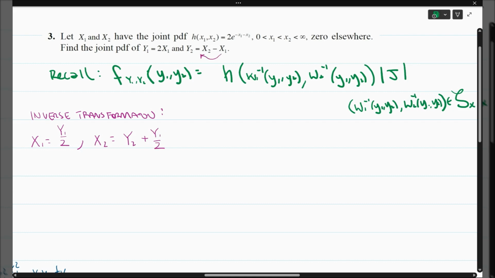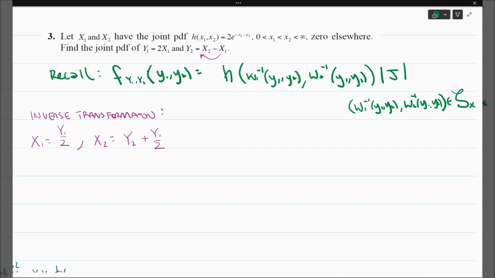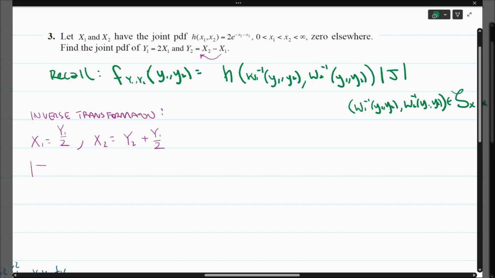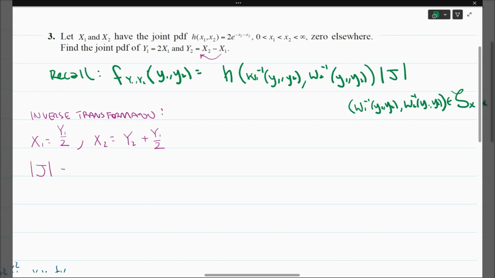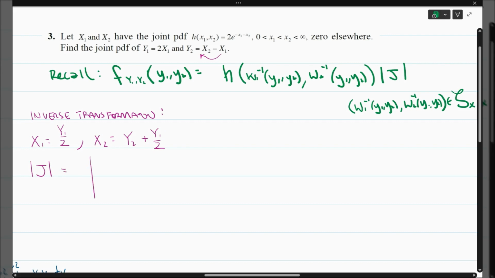We're going to plug it into the original function, and we're also going to find the Jacobian. Okay, so our Jacobian is going to be dx1 dy1, dx1 dy2, dx2 dy1, and dx2 dy2.